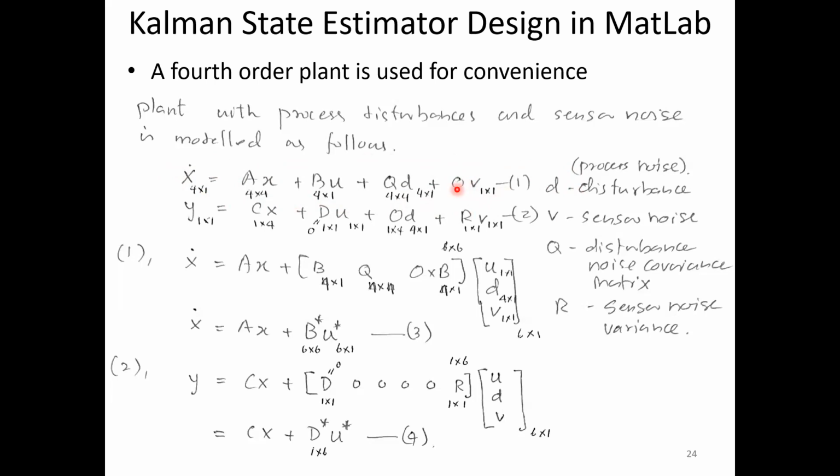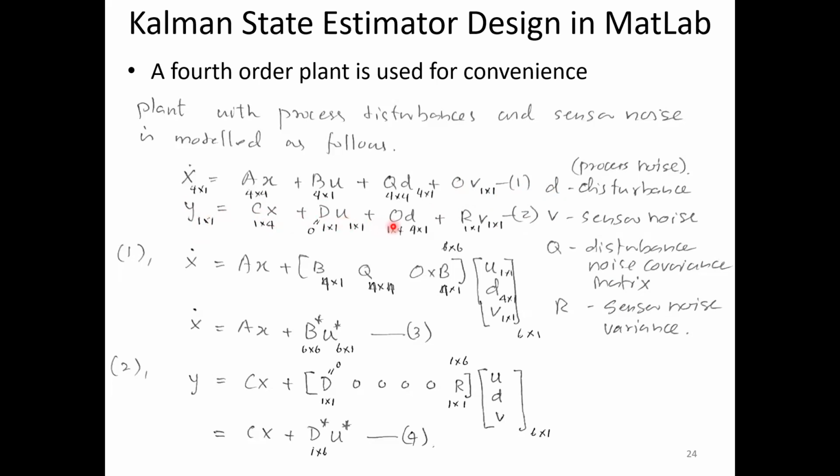Okay, right. So here you have D, V, Q, and R. D is the disturbance, V is the sensor noise, Q is the disturbance noise covariance matrix, and then R is the sensor noise covariance. The first equation is, I think, perfectly clear now to everybody. And then if you look at number 2, what is this? This is the output equation, y equals cx plus du, familiar to everybody.